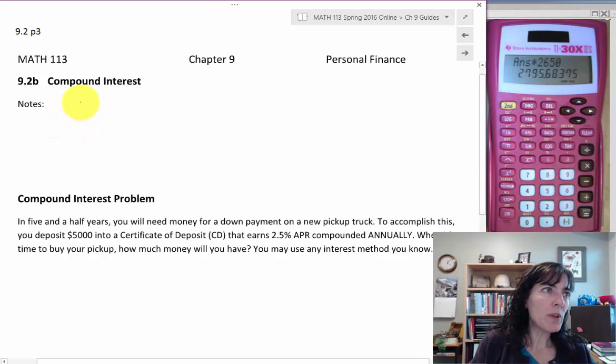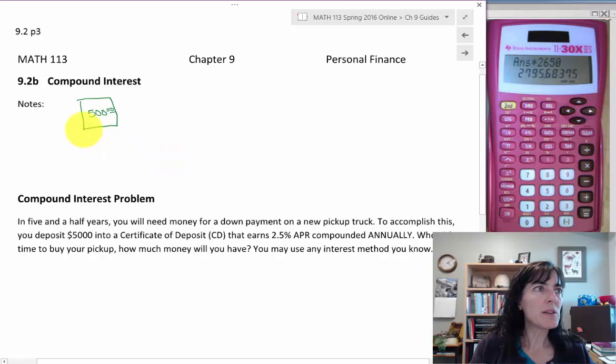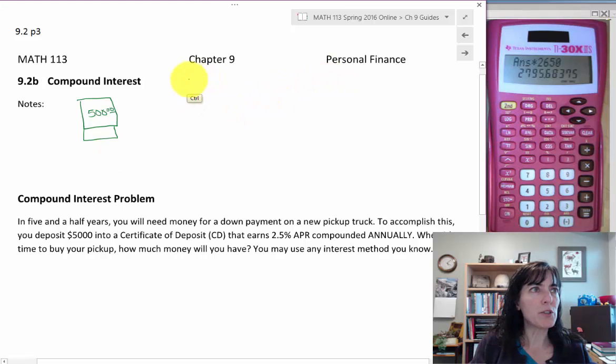So if we start with, say, $500, and we put it into the bank, we get some amount of interest after 1 year. To find that amount of interest, say we're getting 5% interest, and we're talking about 1 year, so it's going to be 500 times 1 plus 0.05 times 1.